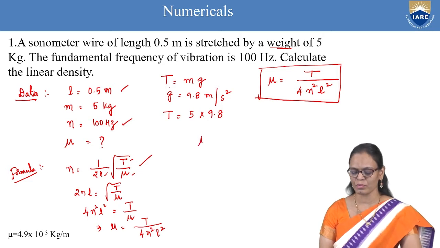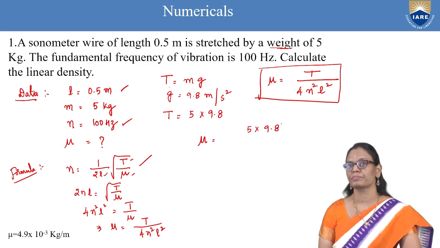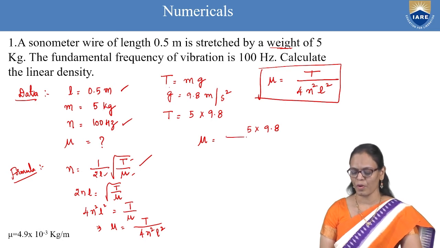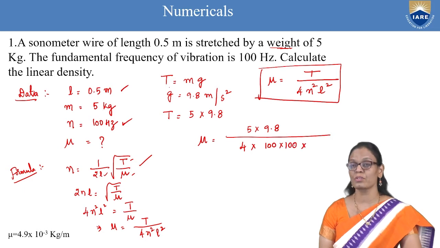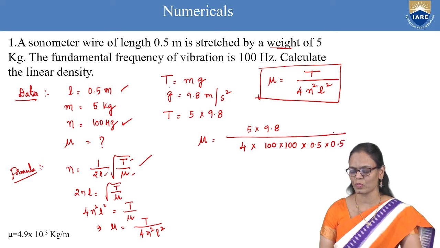So let us now do the substitution. Mu is equal to, what is the value of T we got? 5 into 9.8 upon 4 into N square. N is the frequency. Frequency is 100. So 100 square, into L square. L square is 0.5 into 0.5, or you can write it as 0.5 square.